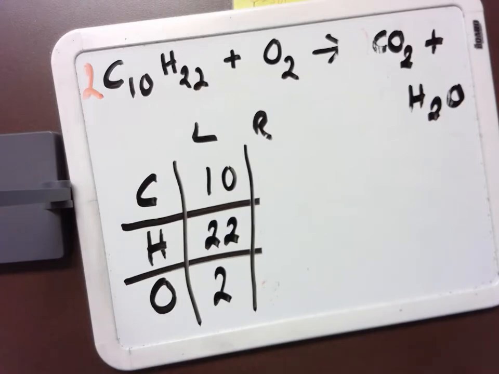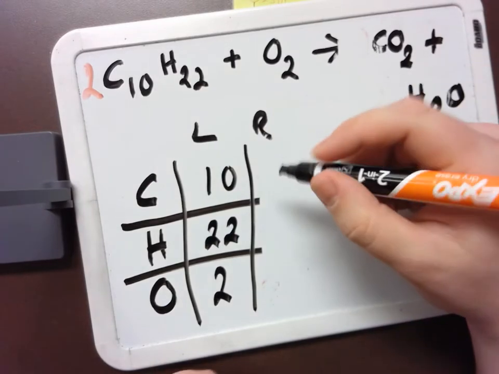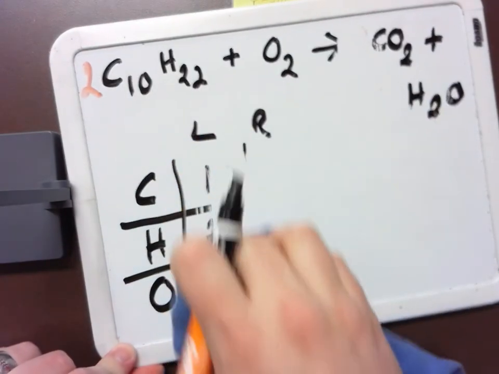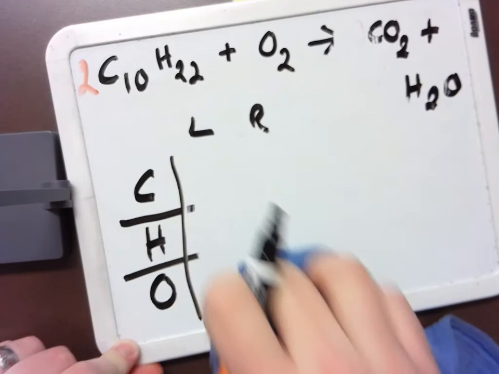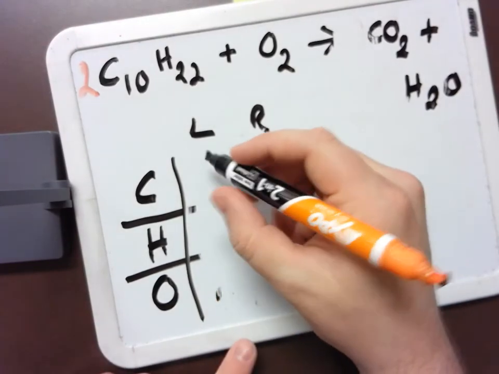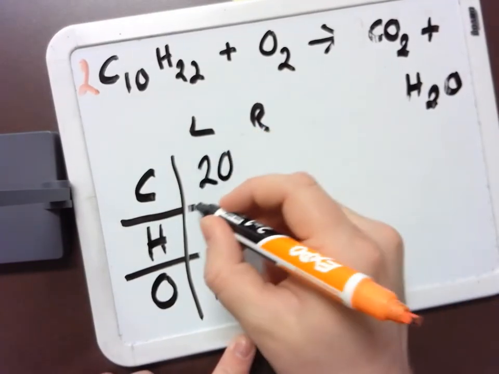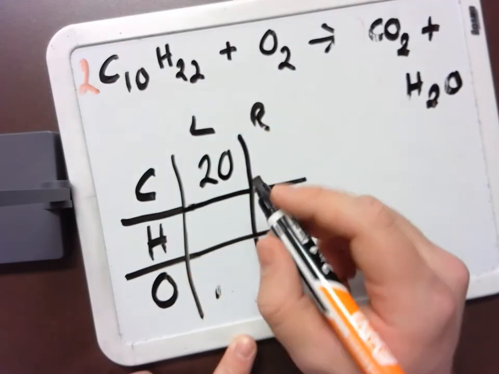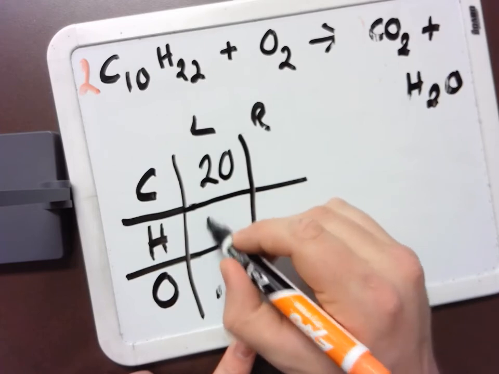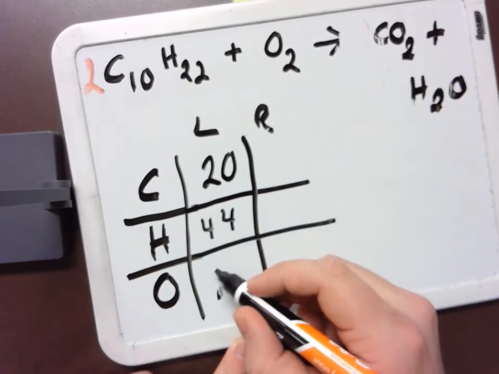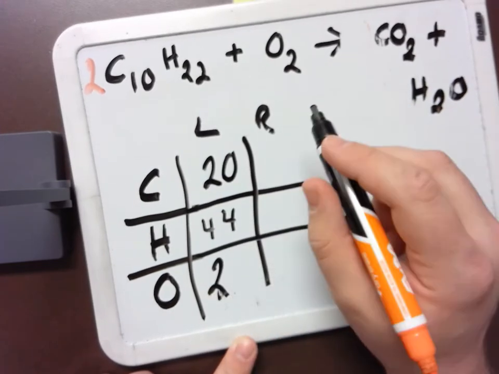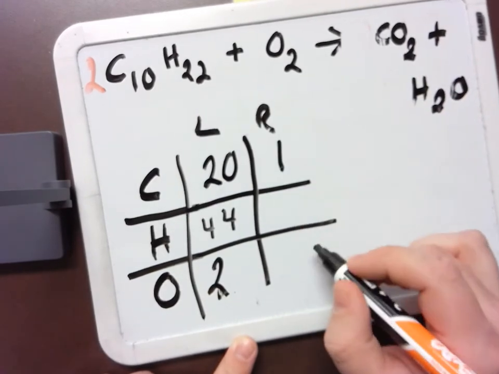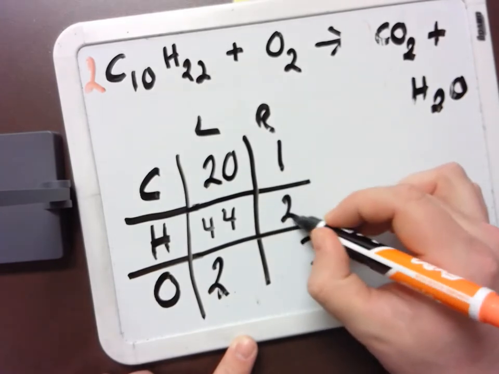Create new columns. So now we have 20 on the left, and 44 H's, and we still have 2. Now we have 1 C, we have 3 O's, and we have 2 H's.